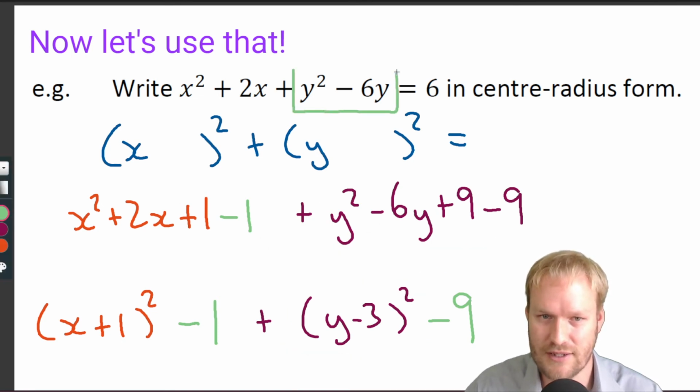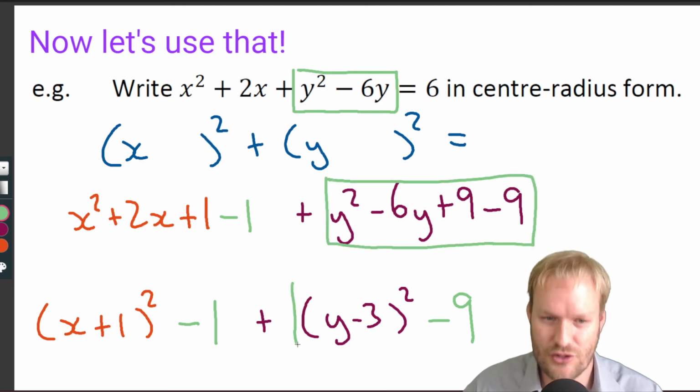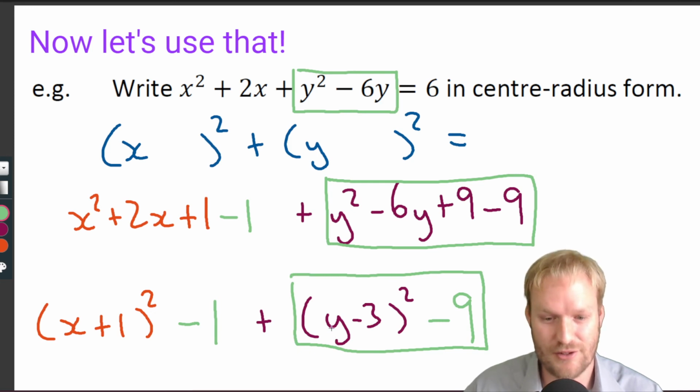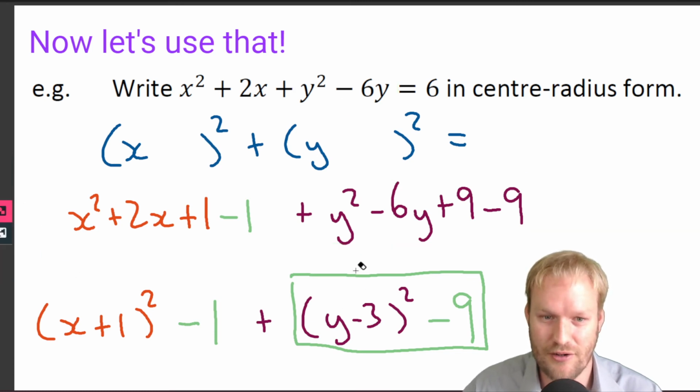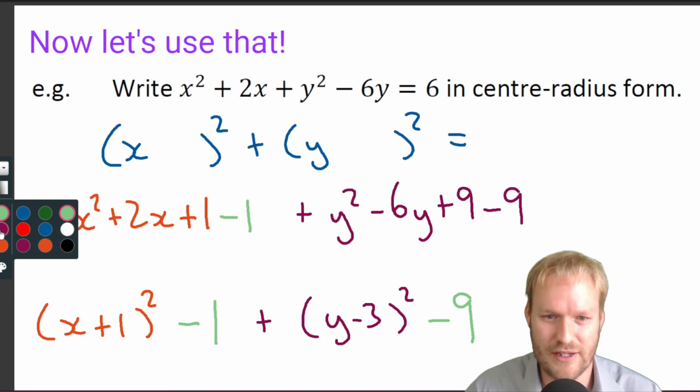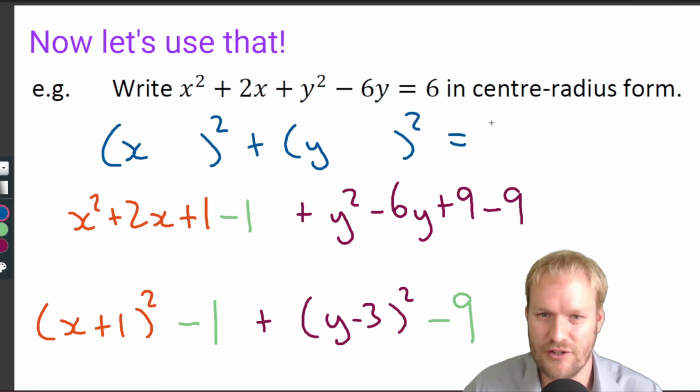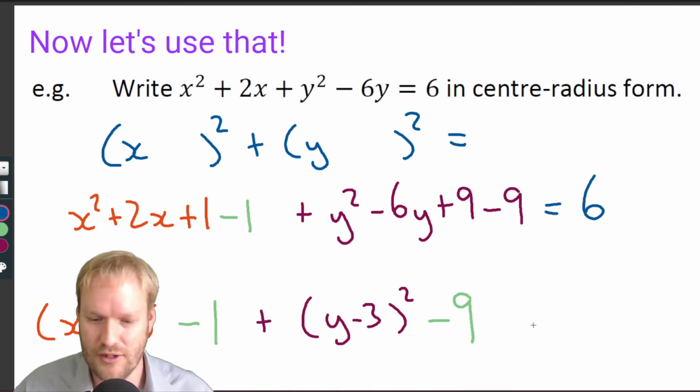Y squared minus 6y is y squared minus 6y plus 9 minus 9, which is y minus 3 squared minus 9. Okay, so all of those bits that I've put boxes around are all the same. The equation's the same. Now, the last thing we need to do is let's finish off our equation, this all equaled 6. So this all equals 6.